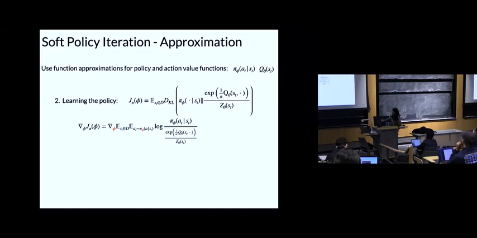It's an expectation under action sampled from your policy, P phi, of the log of P phi of a divided by that exponent of Q distribution. Now let's break this logarithm: the log of the top minus the log of the bottom.